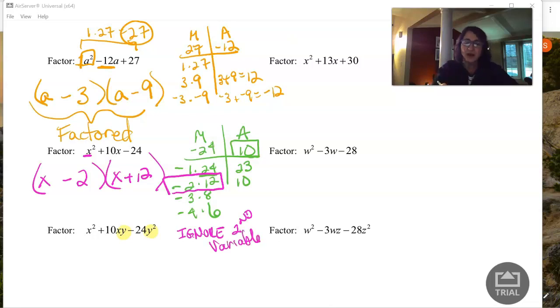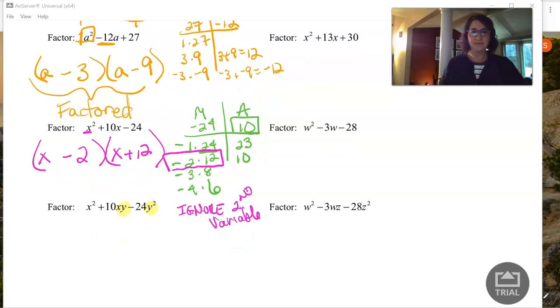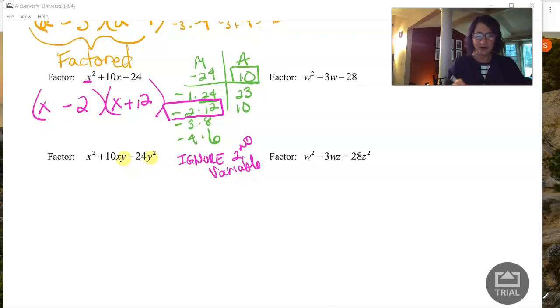So if I rewrite this, I'm going to rewrite this simply as x squared plus 10x minus 24.